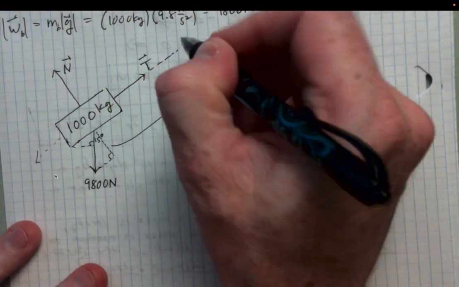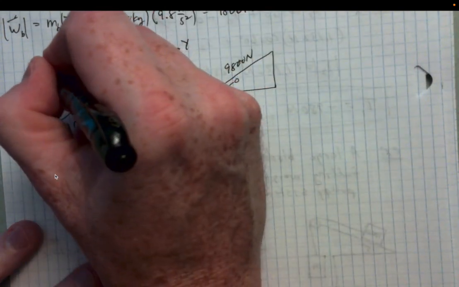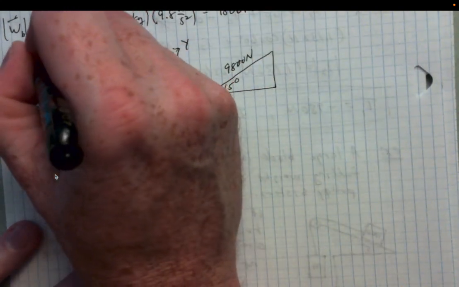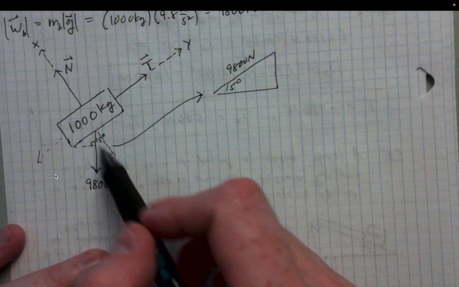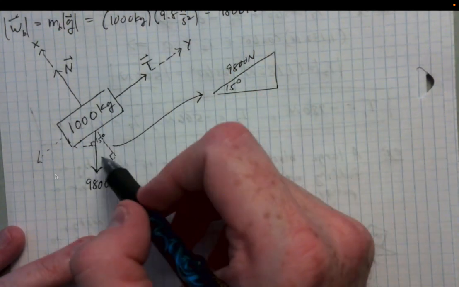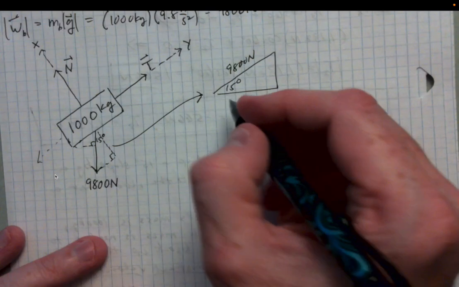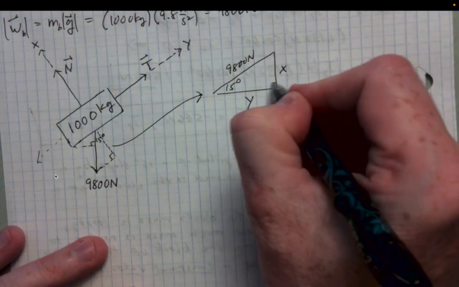I'm going to extend this one and make this the y-axis. It doesn't matter, it's just notation. And I'm going to make that the x-axis. The side adjacent to the 15 degrees is y. Y and x, and this is a right angle.